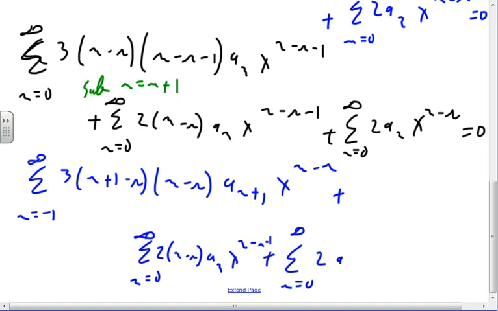Can you just sub into the second one? I'm going to have to do a substitution in the second one too. n is equal to n plus 1.